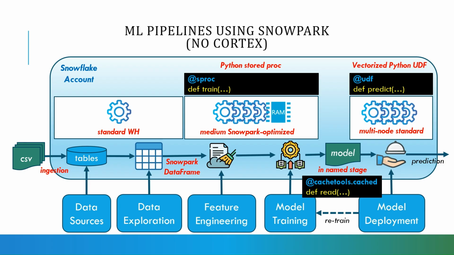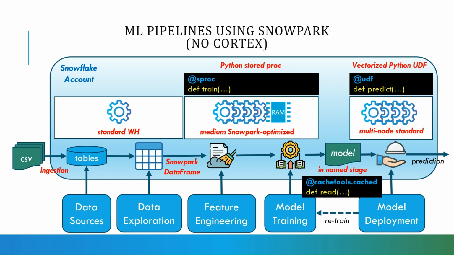This is the ML pipeline architecture that we had before with Snowpark, the first iteration of Snowpark with no Cortex yet, but you were able to execute machine learning experiments, and they were pushing hard for people to do that. The major changes here are at the feature engineering and model training level.